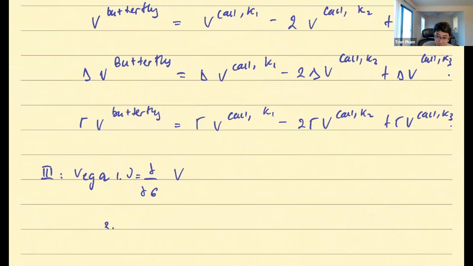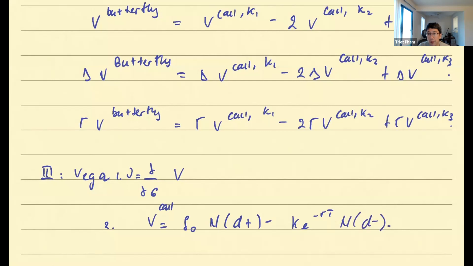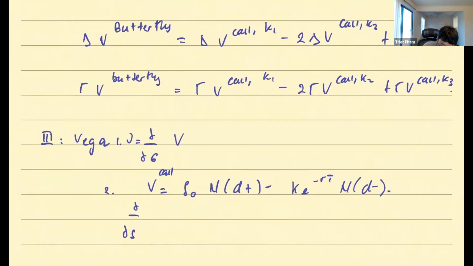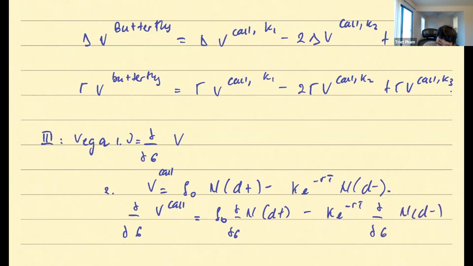Second, what's the calculation? First, V call is S0 N(d plus) minus K e to the minus RT N(d minus). If you take the derivative with respect to volatility, then it will be the stock price times the derivative with respect to sigma of d plus, and then this times the derivative with respect to sigma of d minus.